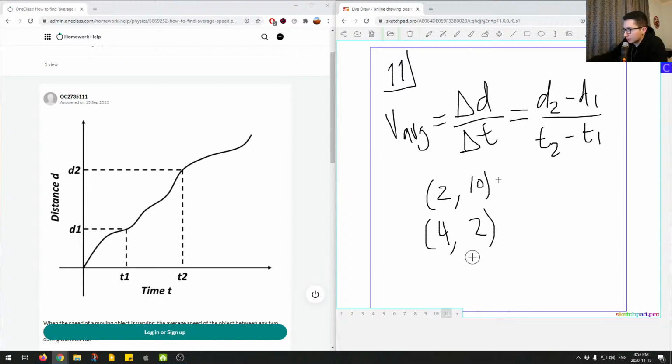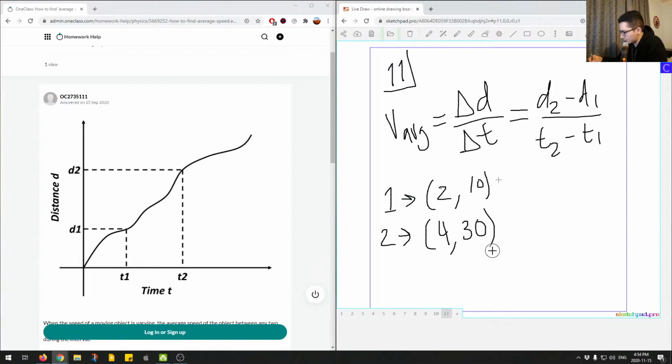No, that does not make sense. So we'll say this is 4 and 30. So this is point 1, point 2. The x coordinate is time, so we're at 2 seconds and 4 seconds, and the y axis is distance, so at distance 10, let's say meters, and 30 meters.